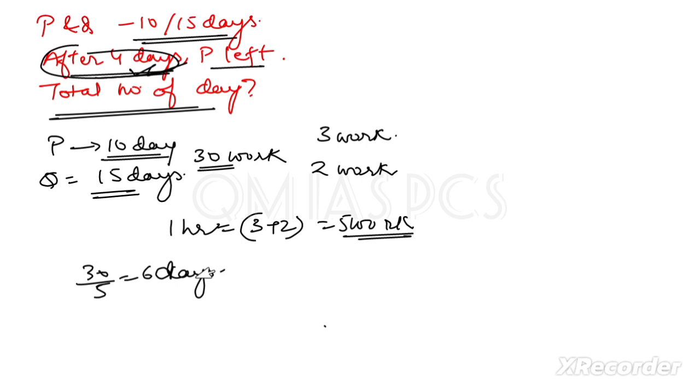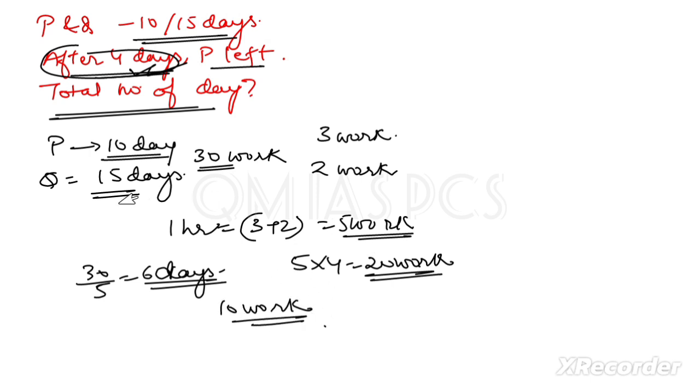But it's very bad luck that P left the group after 4 days. So in 4 days how much work is done? 5 multiplied by 4, that is 20 work has been done, and the left work is 30 minus 20, that is 10 work left.